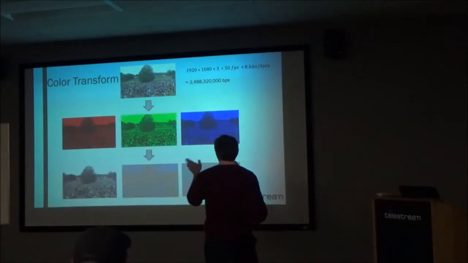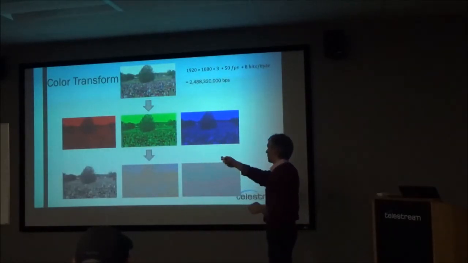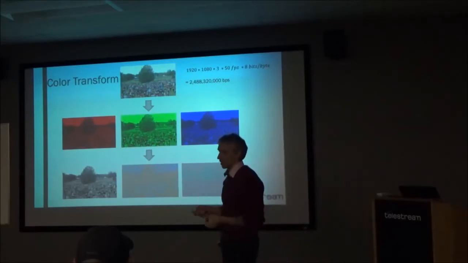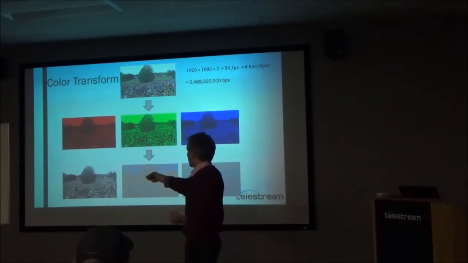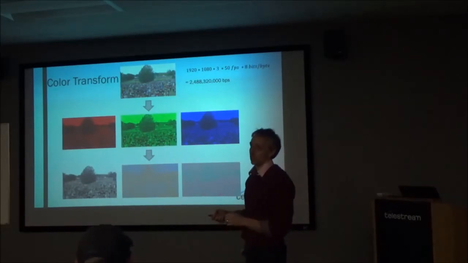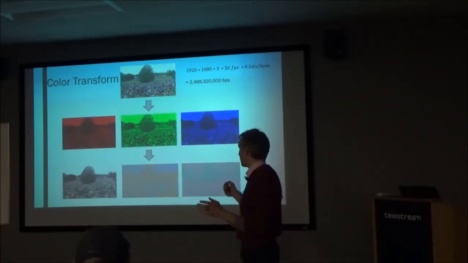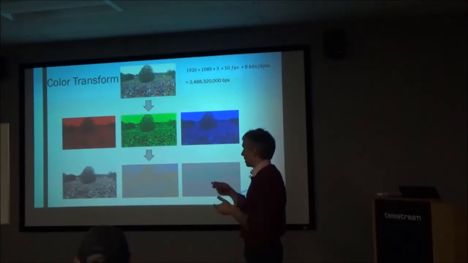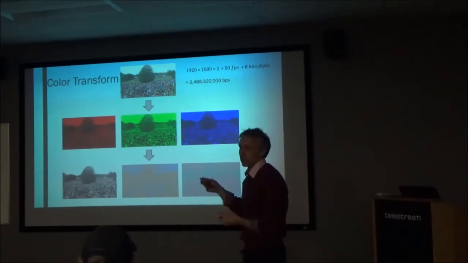Okay. So here's the transform I talked about. We can take the red, the green, and the blue components, and we can transform it into 3 different representations. The bottom left looks like a grayscale or a black and white picture, and that's what we call the luminance image. It just represents the light or darkness of all of the pixels in the image.